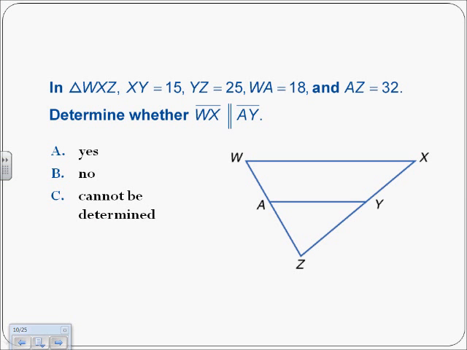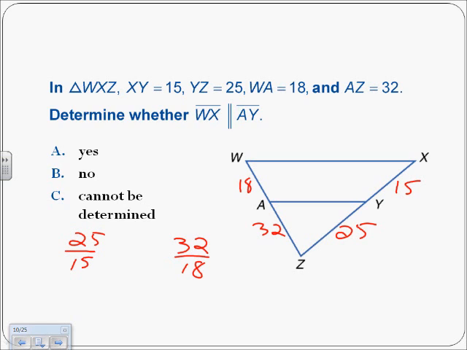Alright, same question. In the triangle, if we have XY as 15, YZ as 25, WA as 18, and AZ as 32, can you determine, are they parallel, WX and AY? Proportion: 32 over 18, is that equal to 25 over 15?